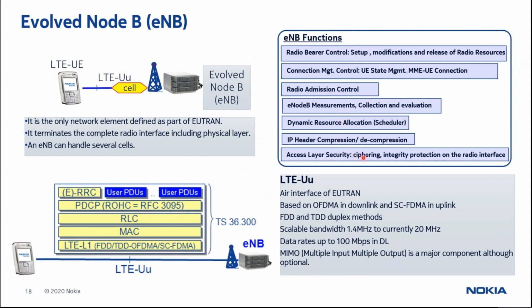Another important thing here is ciphering and integrity protection. Ciphering is different from integrity protection. Ciphering ensures that the user data or voice is encoded when it is transmitted from the source, and it is deciphered when it arrives at the destination end. So there is some level of security provided.